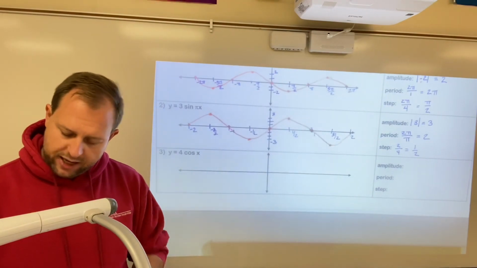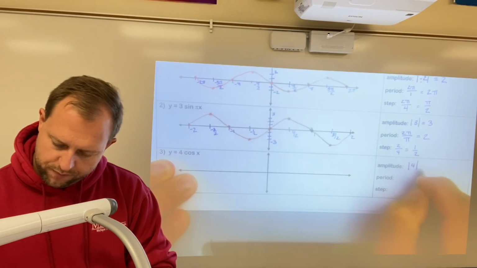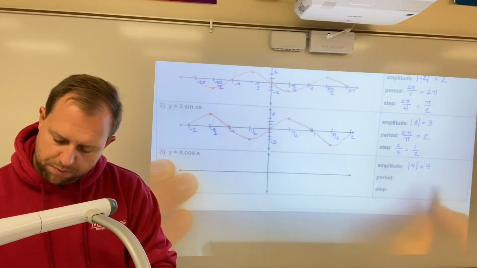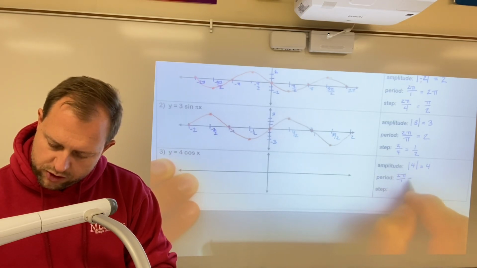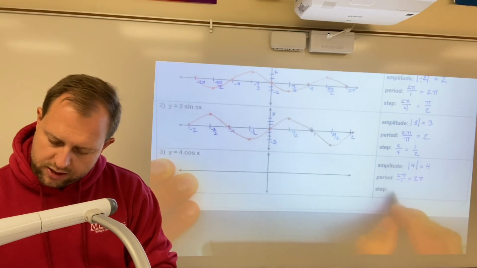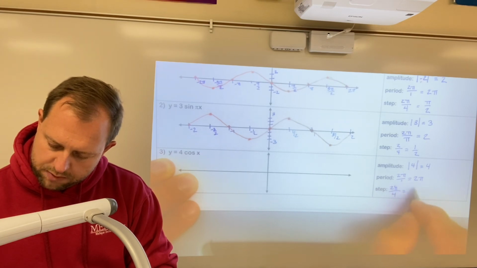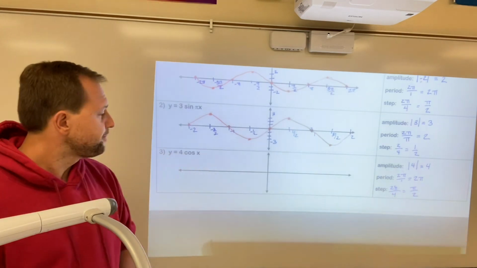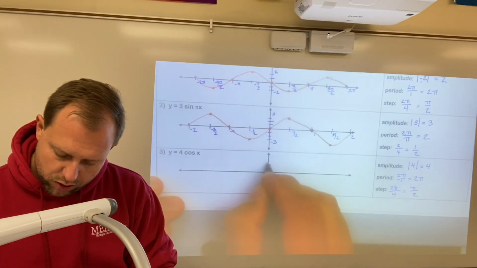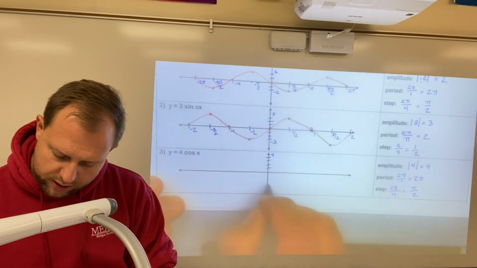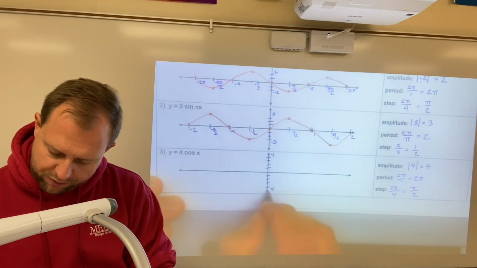Next one's a cosine, but the parts still come out the same. The amplitude is the absolute value of 4. The period, there's nothing multiplied by x, so it's just 2 pi over 1, which is 2 pi. And so 2 pi divided by 4 is pi over 2. So we set this up: 1, 2, 3, 4 to the top, and 1, 2, 3, 4 to the bottom, -4.